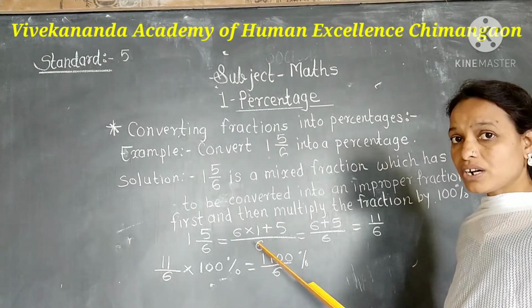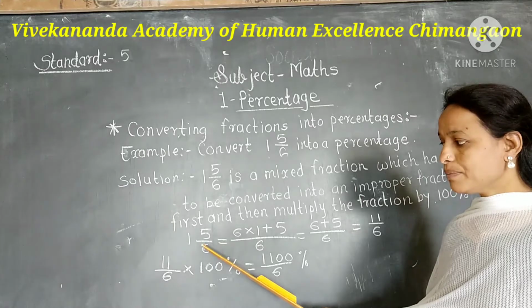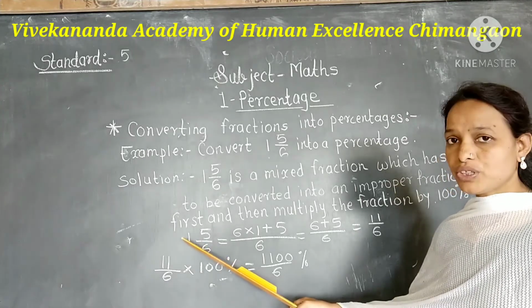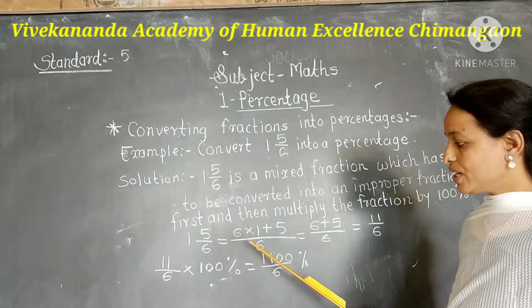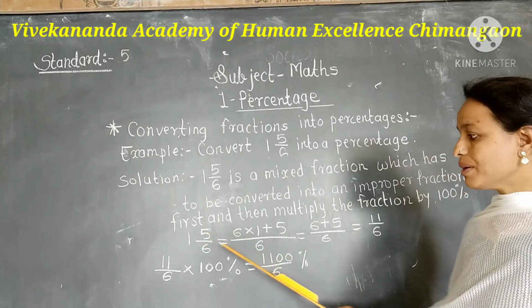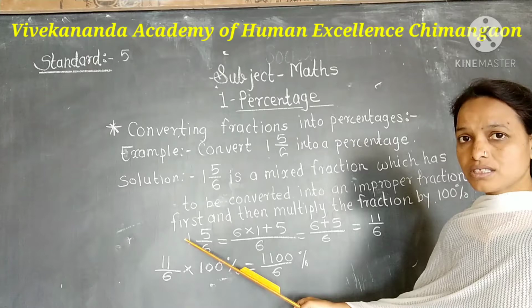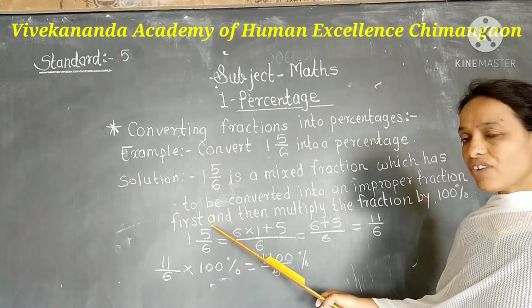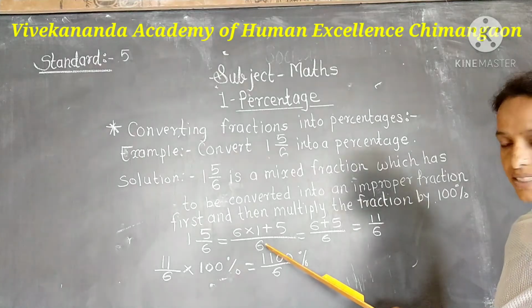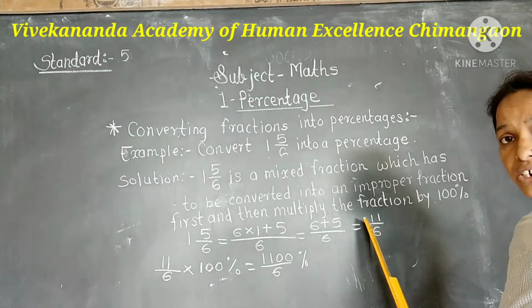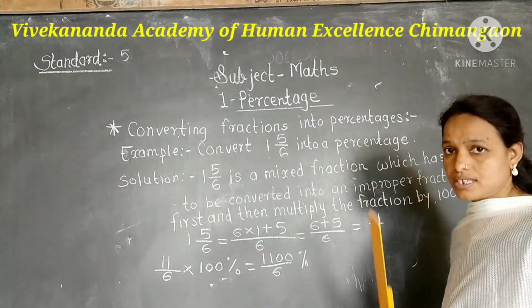What have we done here? Multiply the denominator with the whole number and add the numerator, and the denominator as it is. So here we multiply 6 by 1. 6 ones are 6, plus add numerator 5. 6 plus 5 is 11, and denominator 6 is written as it is. So we get the fraction 11/6.